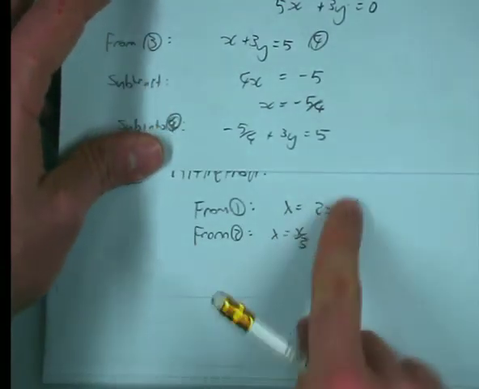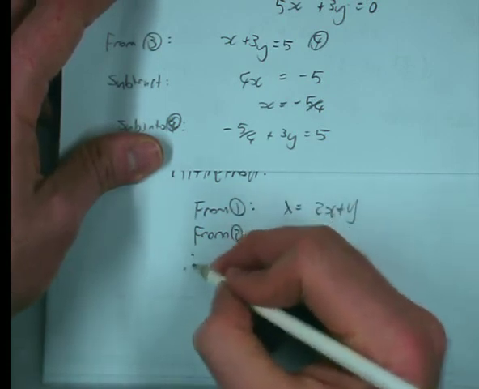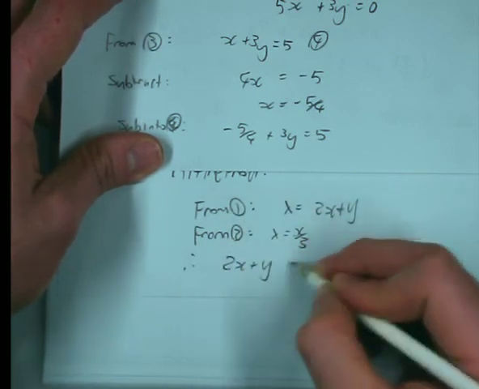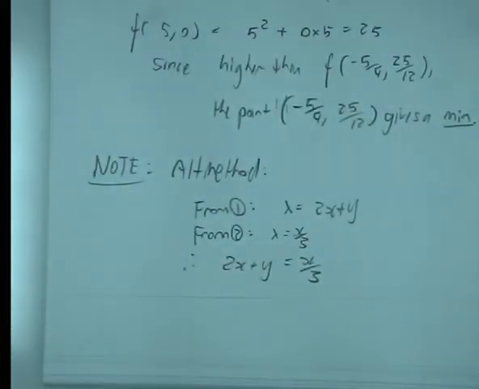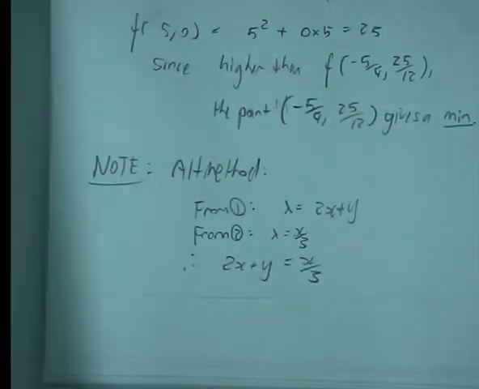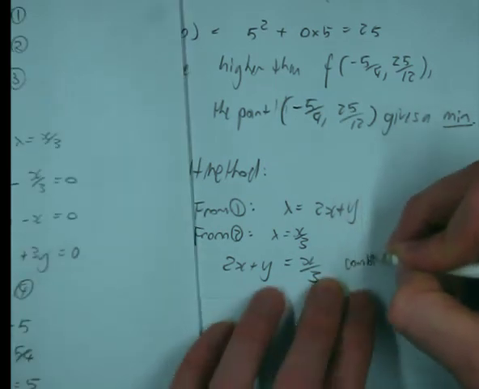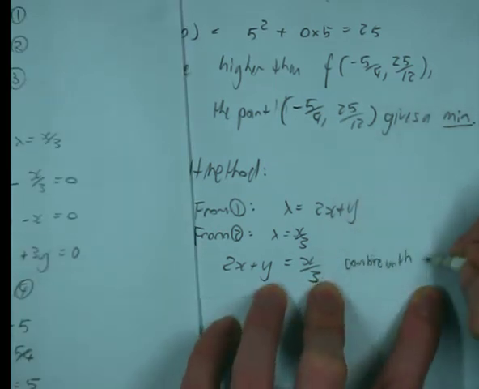And then since both things are equal to lambda, I can say therefore 2x plus y equals x on 3 and solve it from there. And then combine with the x plus 3y equals 5.